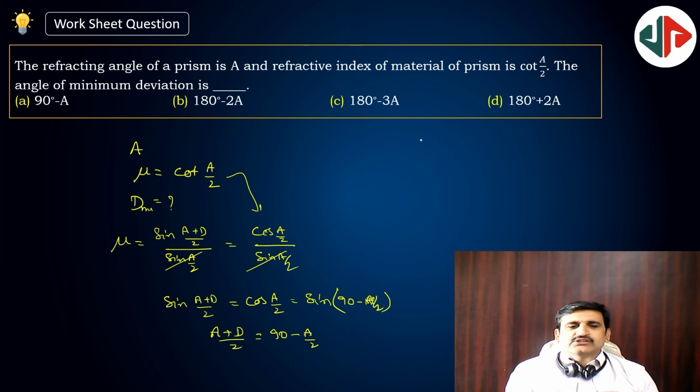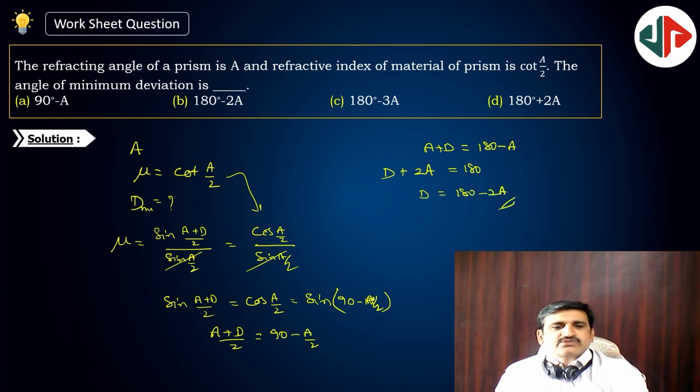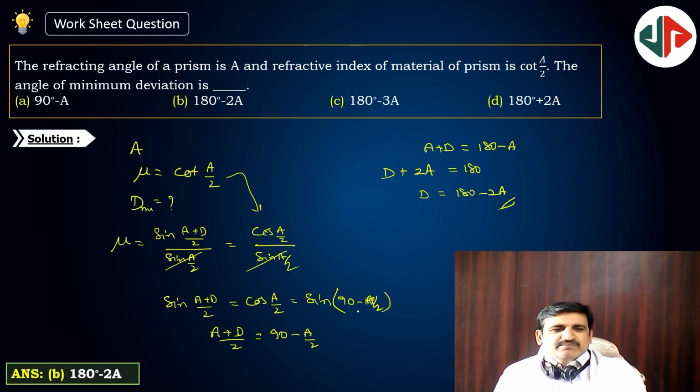Then A plus D is equal to 180 minus A, and 2A plus D is equal to 180. So we want D equal to 180 minus 2A. So that mathematical thought immediately should come.